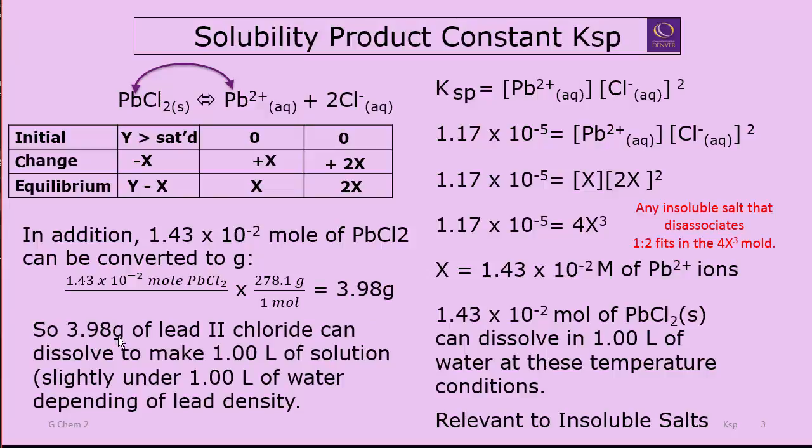Or if you want, you could break it down further and say 3.98 grams per 1,000 mils, divide that out, and basically have 0.00398 grams per mil. So however you want to break it apart, you now have what's called the molar solubility and also the solubility in grams per mil, which is often how you think about dissolving a material in so many mils of water.